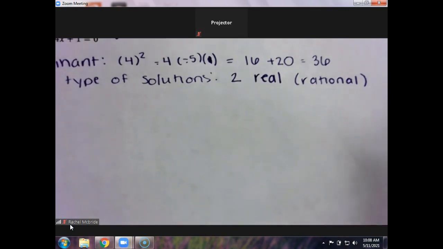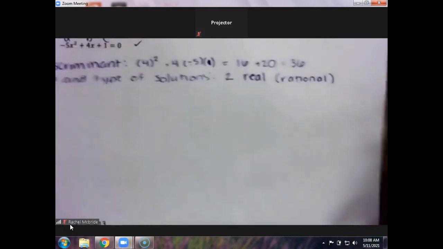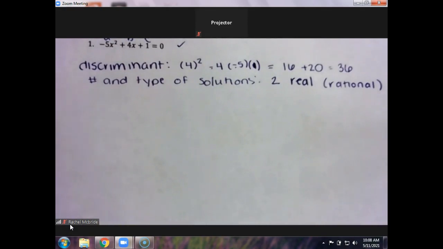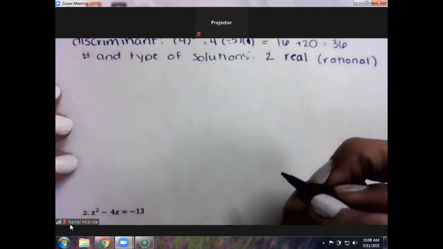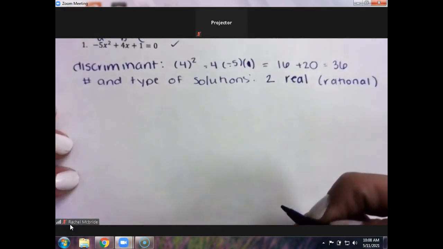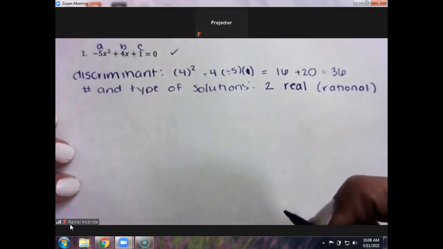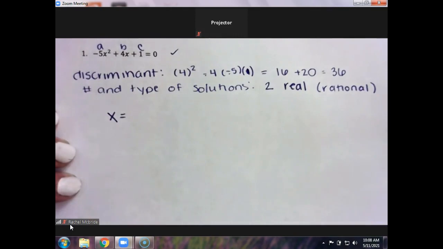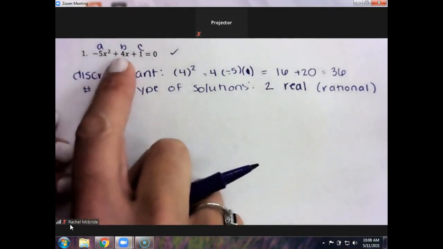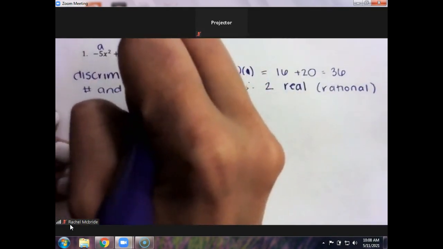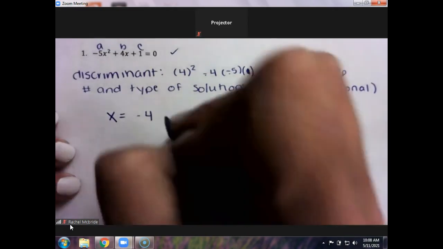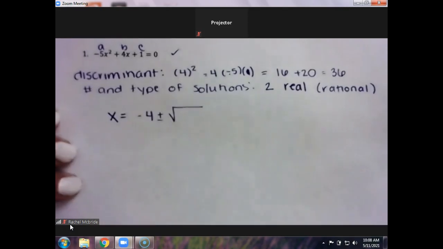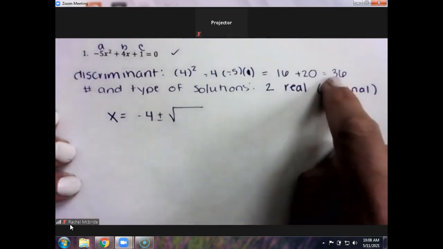So I know the discriminant, I know what I'm looking for in terms of solutions. So now I'm going to apply the quadratic formula. The quadratic formula always starts as x equals the opposite of b in my problem, plus or minus the square root of my discriminant.